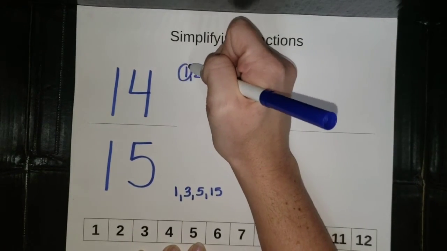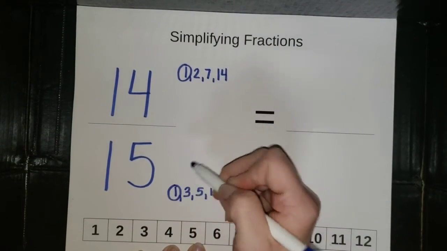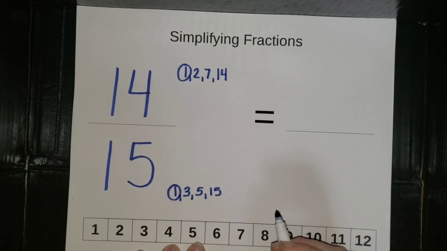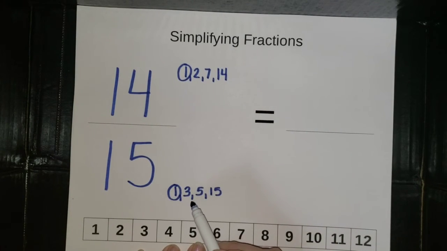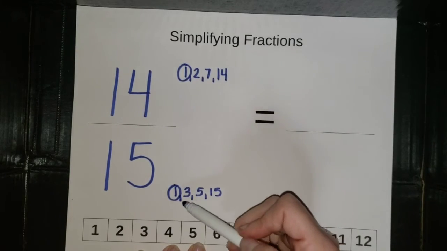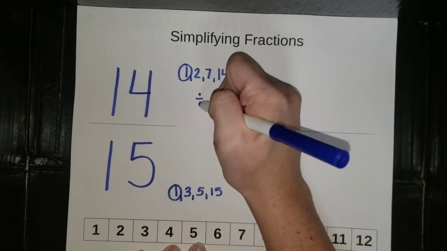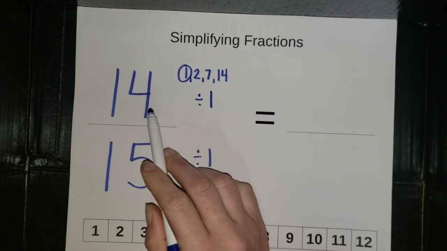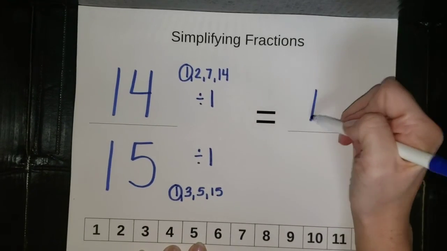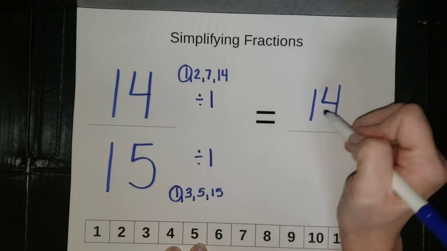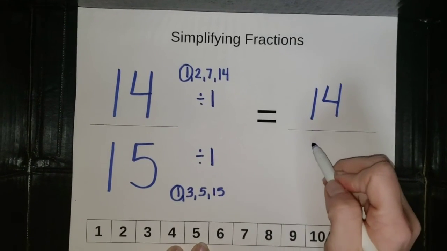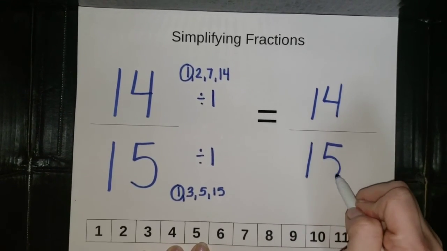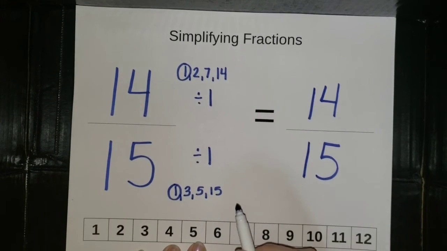Well, the common factors are 1. Now, what would happen if we were to divide by the greatest common factor? 14 divided by 1 is 14, and 15 divided by 1 is 15. Well, that gives us the same fraction.